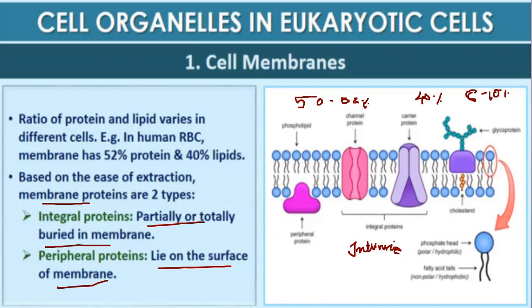It is universally accepted and was proposed by Singer and Nicholson in 1972. This model looks like protein icebergs in a lipid sea because it is a lipid bilayer.